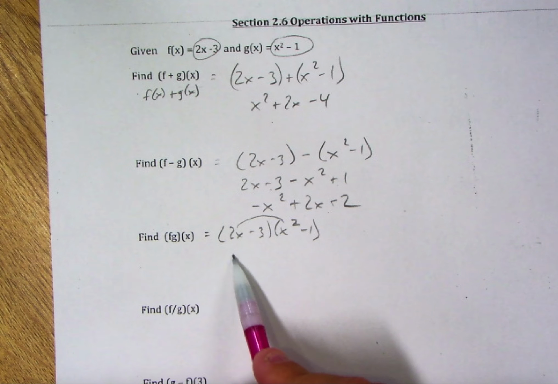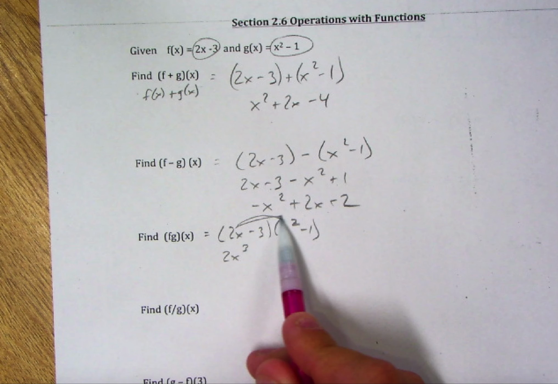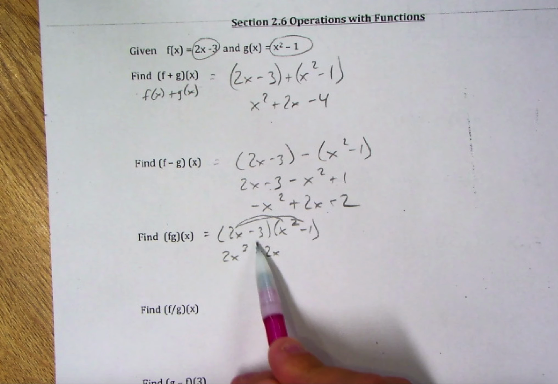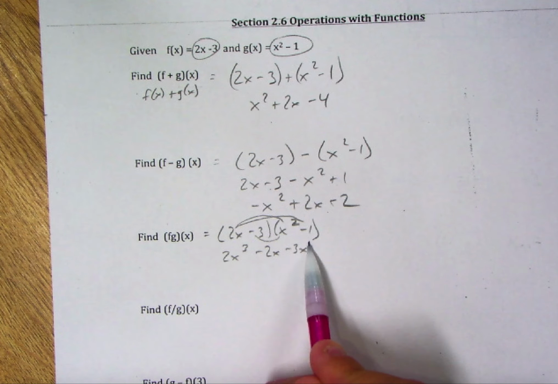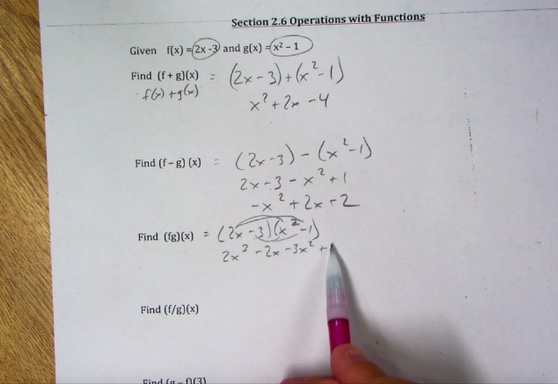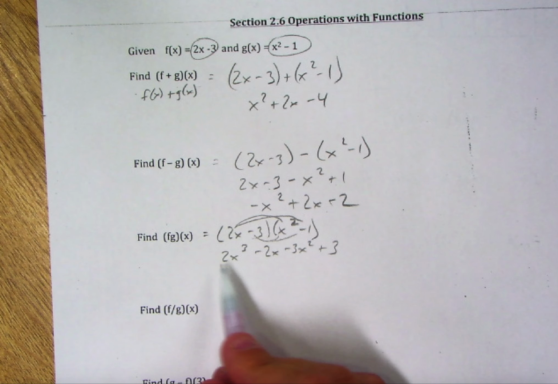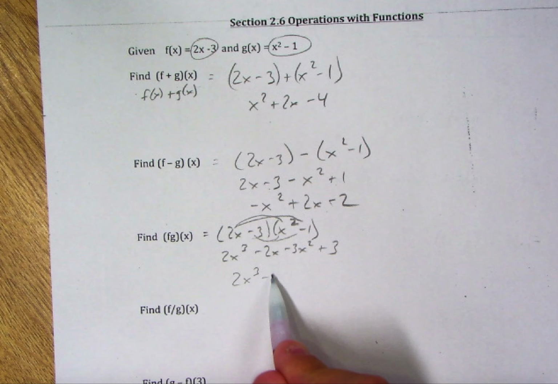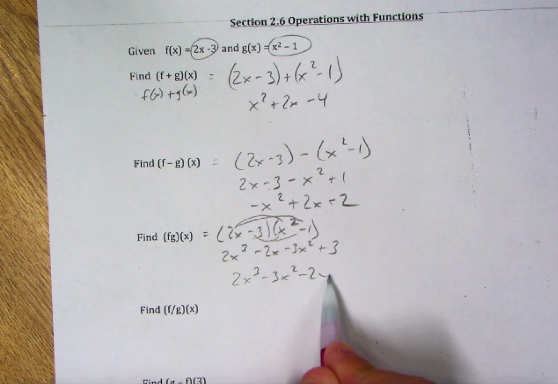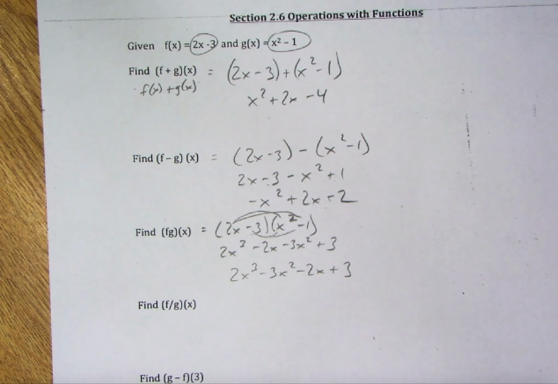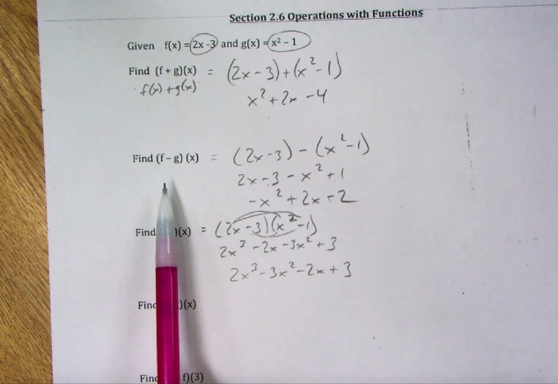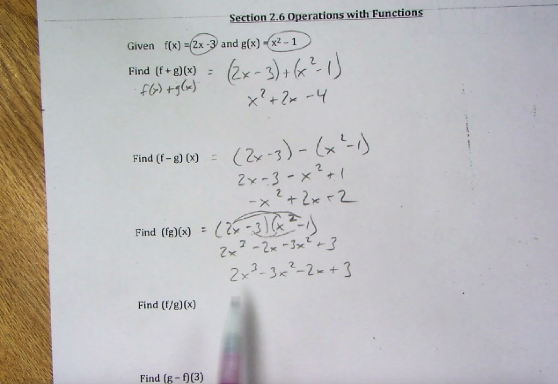So that's going to be 2x cubed minus 2x minus 3x squared and then plus 3. And then I like to put it in standard form. None of these combine, so I'm just going to write it in order. And I'm done.